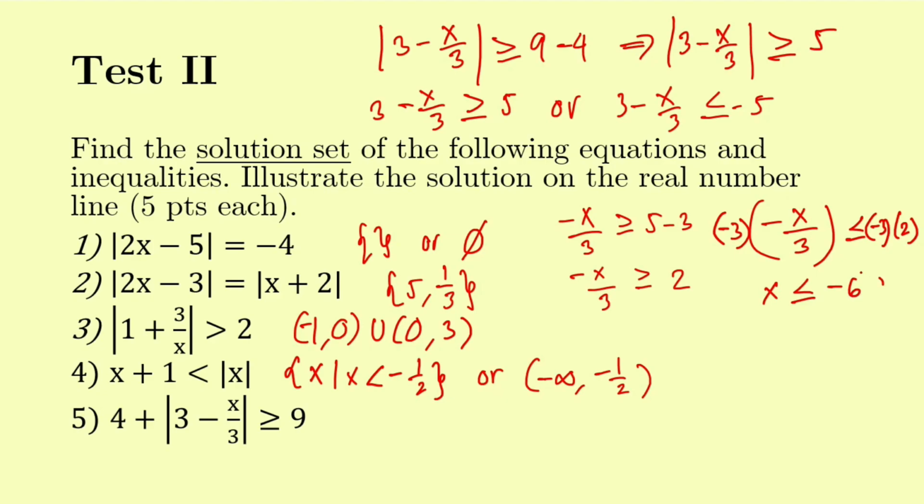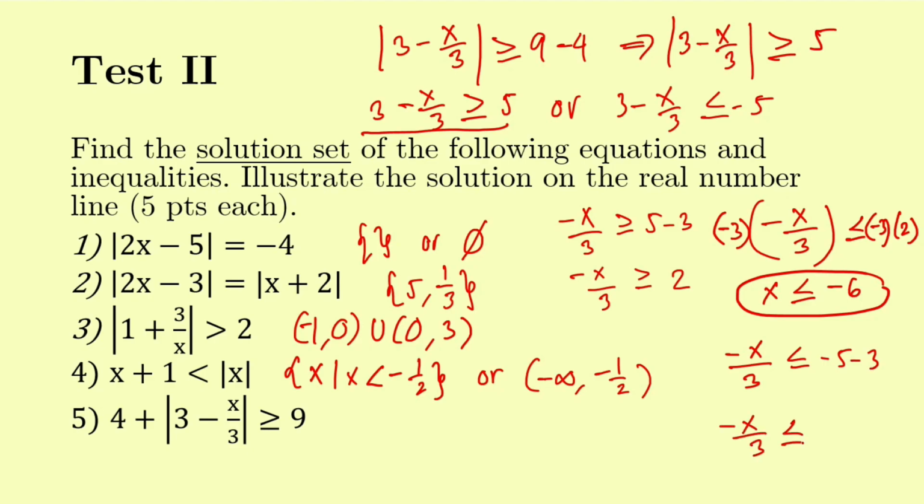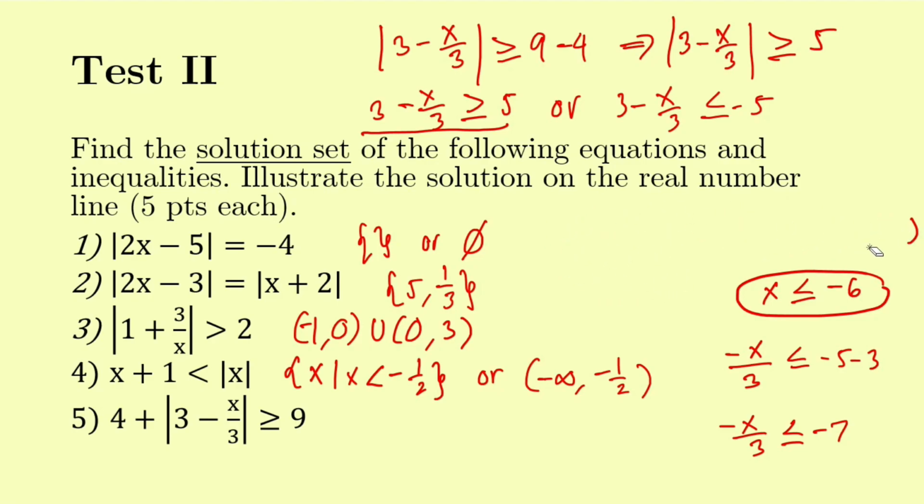Okay, that's for the first inequality. Ito pa lang yun. For the second one, it will be negative x over 3 is less than or equal to negative 5 minus 3. Then, negative x over 3 is less than or equal to negative 7. Wala na tayong space. Let me erase the writings in the middle para ituloy dito.